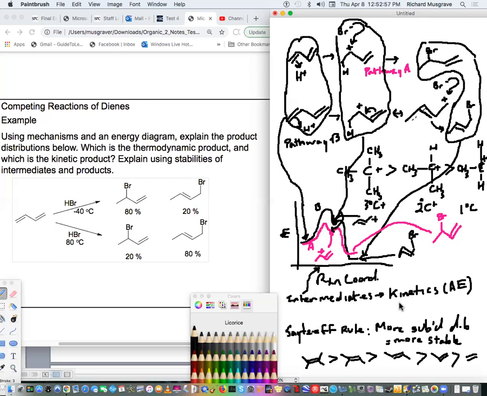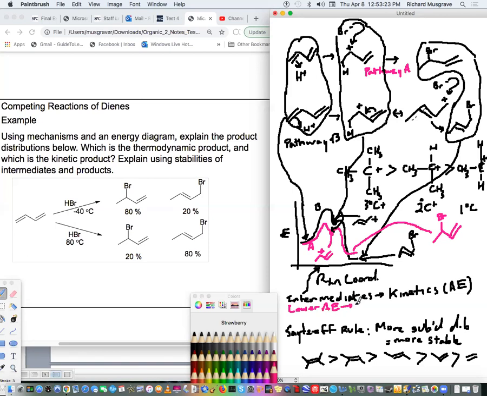All right, so that's with the intermediates, and that determines kinetics. And what I would say is that the pink one is the kinetic product. Right, lower activation energy.